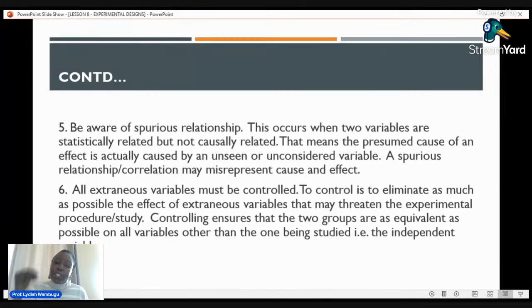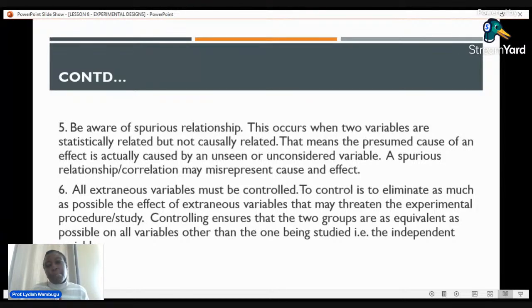There is no causality, but they may be related, but it is not because there is cause and effect. That means the presumed cause of this effect is an unseen or another unconsidered variable.